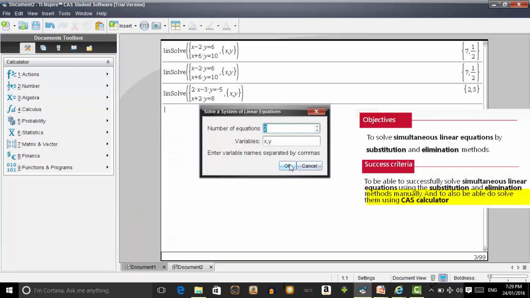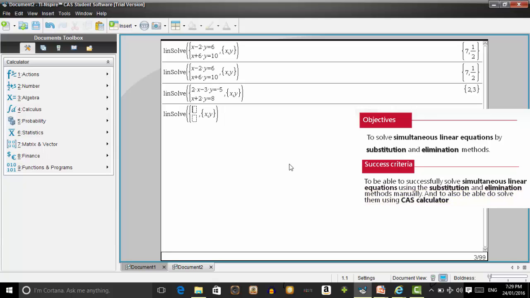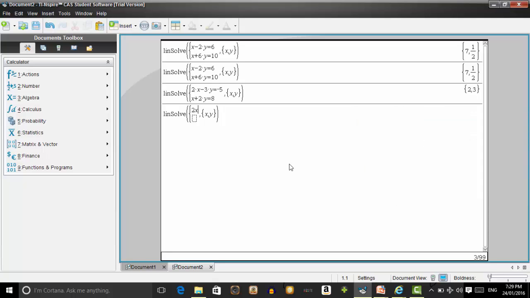So the first equation is 2x minus 3y equals negative 5, and the second one is x plus 2y equals 8. Enter. That's it.